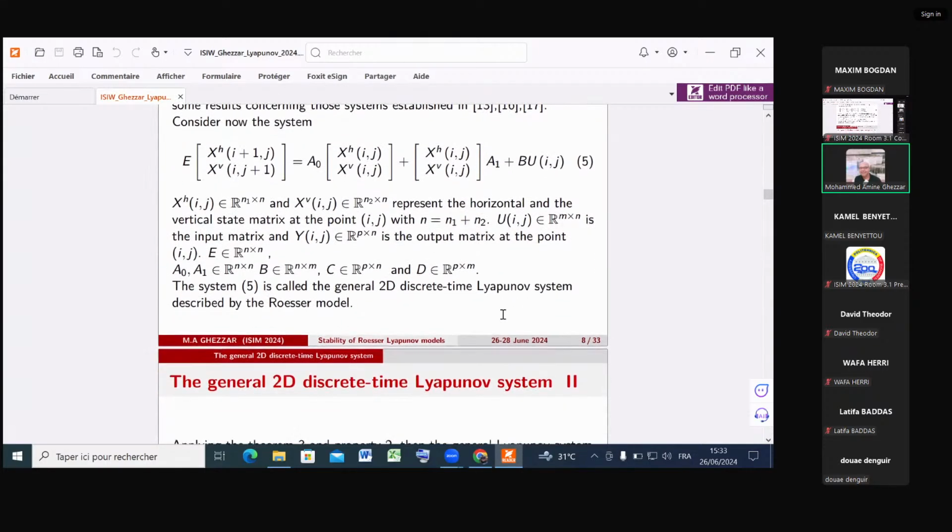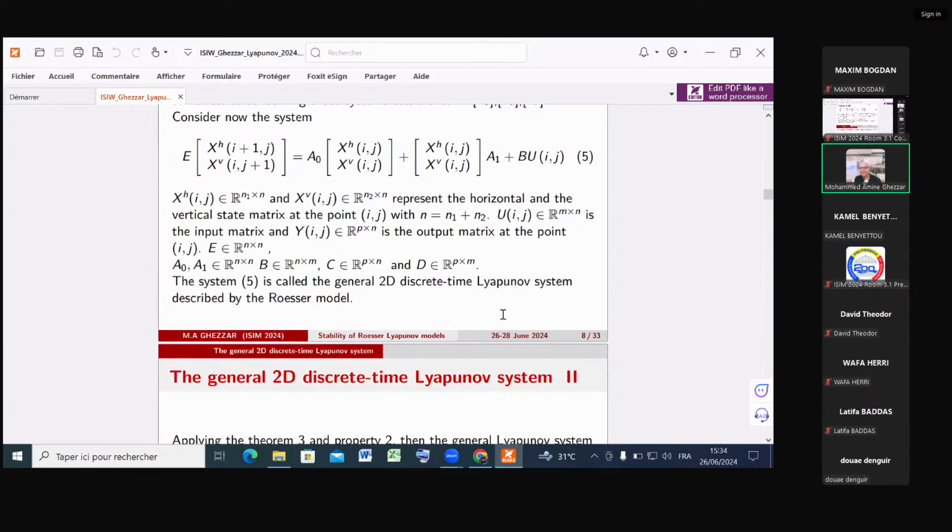Then we have to transform this system into a standard system using the Kronecker product.